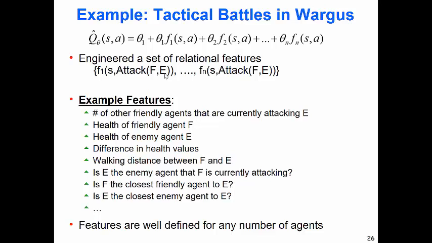I've written down a bunch of the features that I think we used. For example, one of the features might be the number of other friendly units on our side that are currently attacking the enemy.